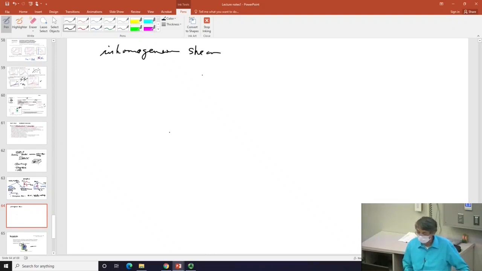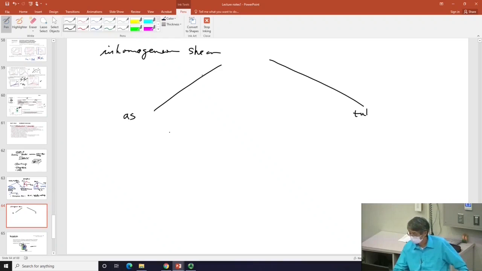What the two scenarios said, right? The alternative scenario, the tube model, right? And of course, under the alternative scenario, we sometimes call this shear banding.